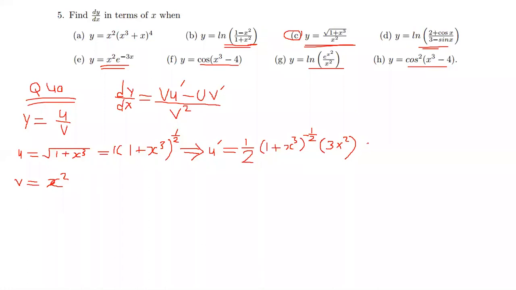In other ways, we can write this u prime as, when you multiply this with 3x squared, your numerator is 3x squared. And your denominator, since the power is negative, we want to make it positive.